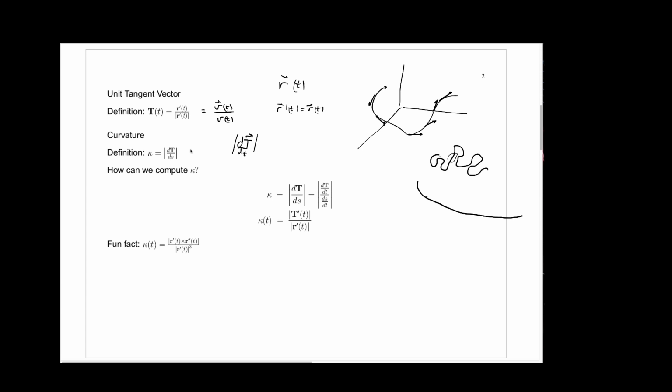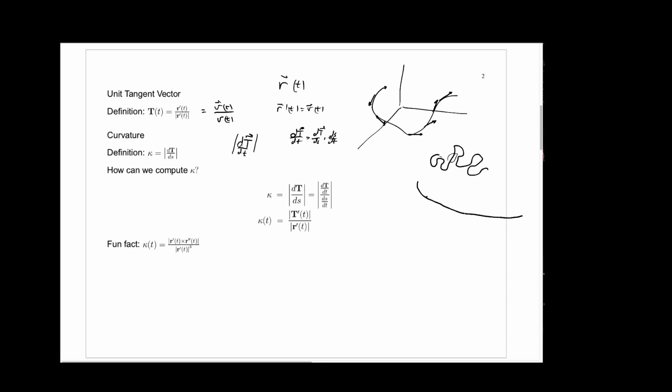Well, just by the chain rule, dT/dt is dT/ds times ds/dt. This is just an expression of the chain rule.